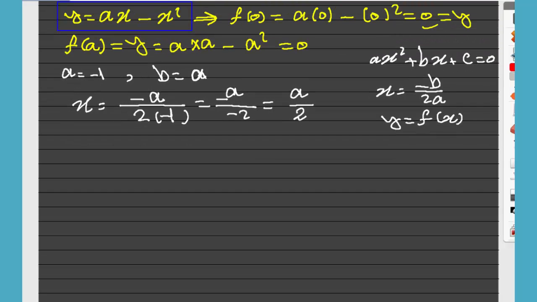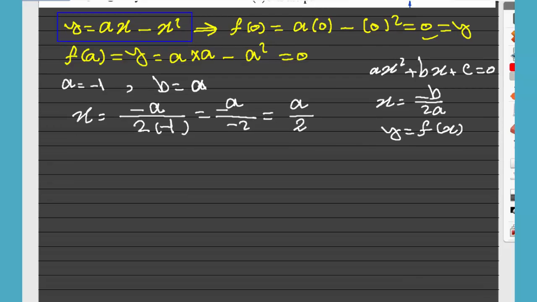So back to the solution again. Here we have y equals f of a over 2. We substitute in the curve equation.